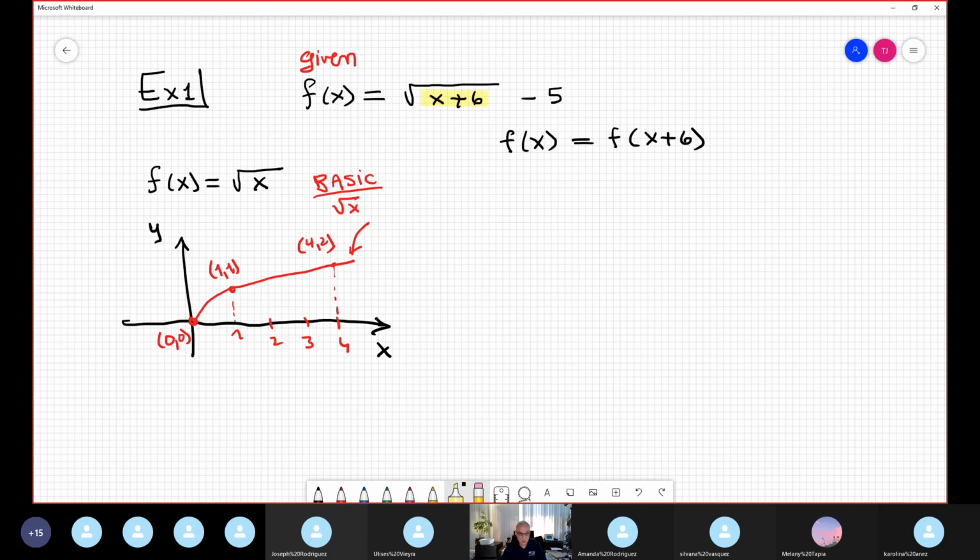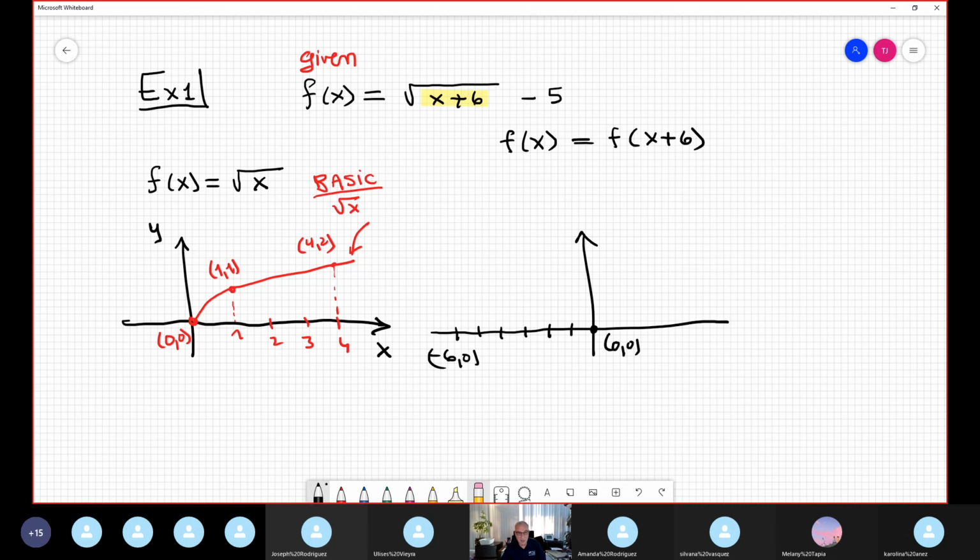So I know that my new graph is exactly like that. The same shape, no compression, no stretching, but it's moving 6 units to the left. This famous point 0, 0 is now at -6, 0.